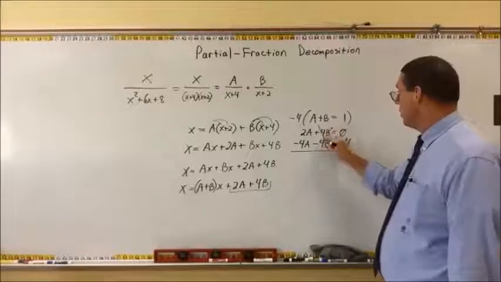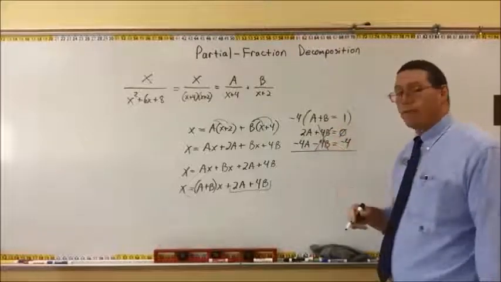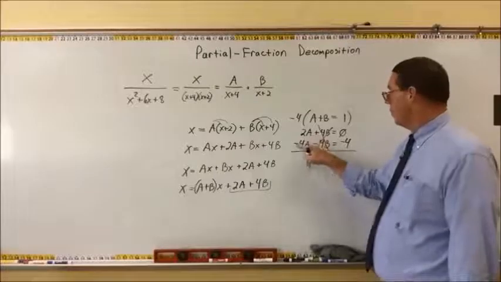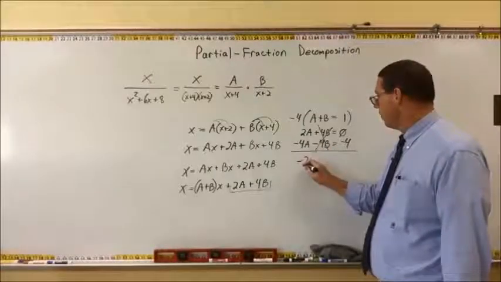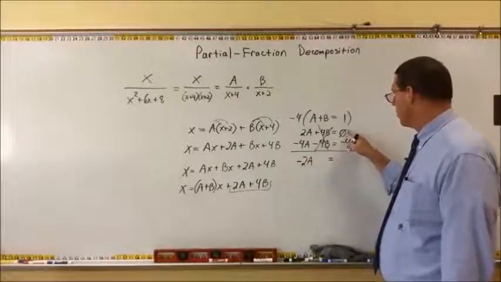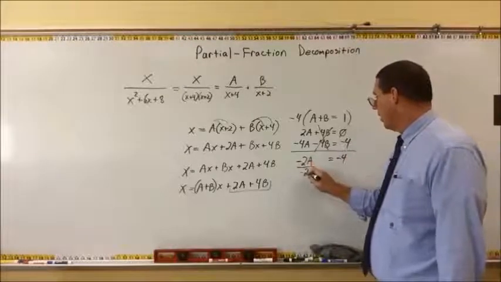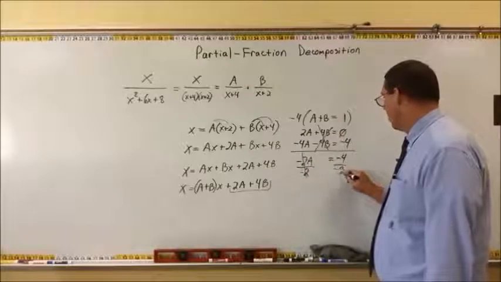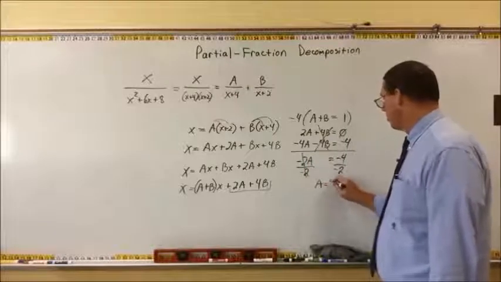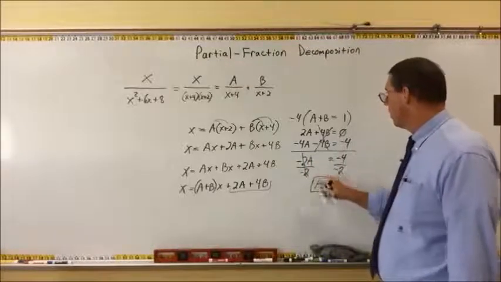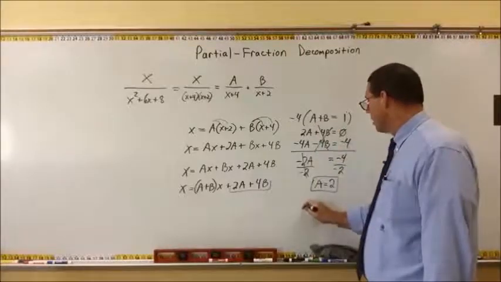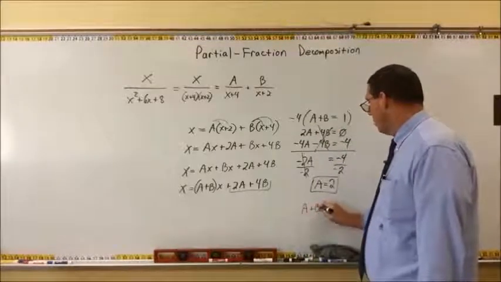Now eliminate the B's because we have a positive 4B and a negative 4B. And now 2A minus 4A is negative 2A equals 0 plus negative 4 is negative 4. Divide by negative 2 on both sides, and you get A is equal to 2, just like we did before. Go back up here to A plus B is equal to 1.